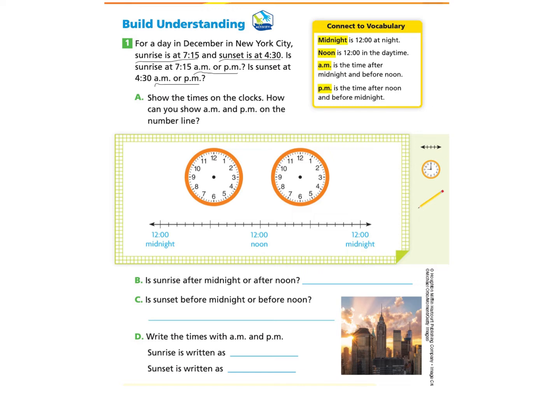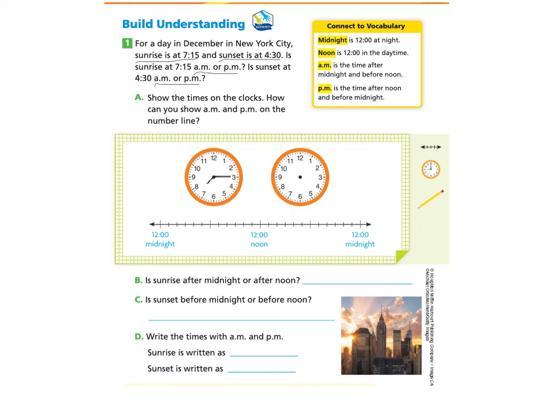So we have two clocks here, and you may want to pause and go ahead and draw in the times to show 7:15 and 4:30. So we'll start with the 7:15, and we draw the small hand for the hour, and then we'll draw the minute hand, the longer hand, right at the 15 mark.